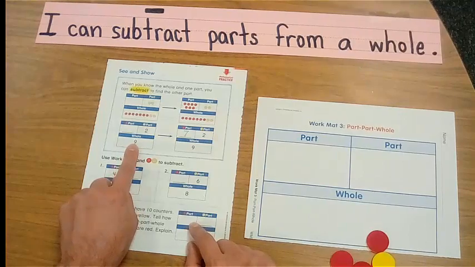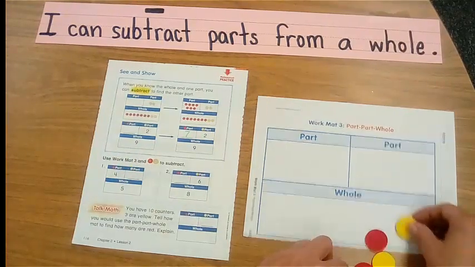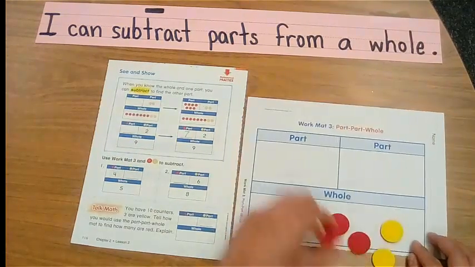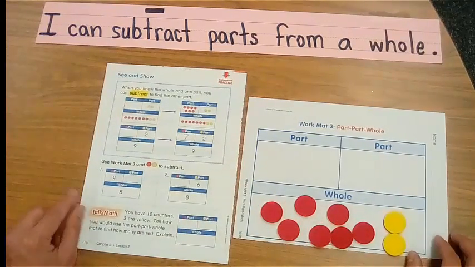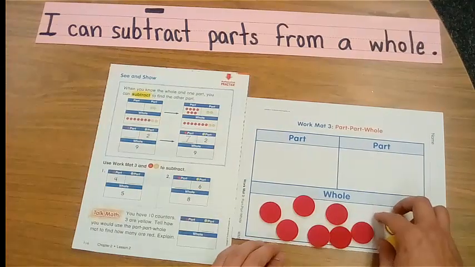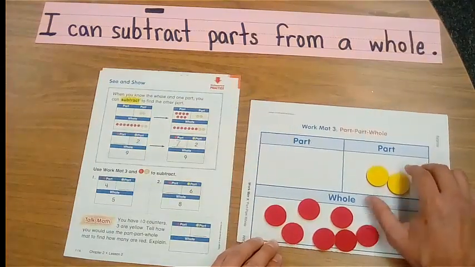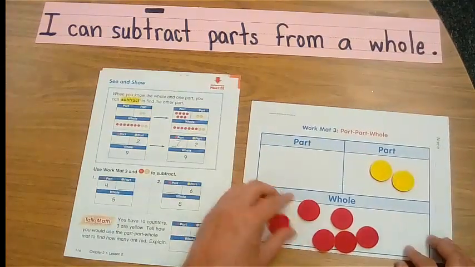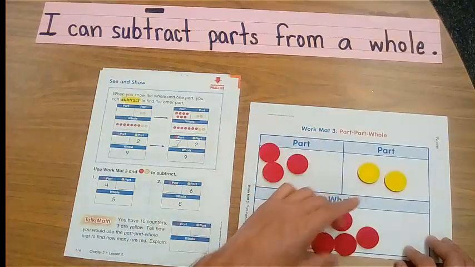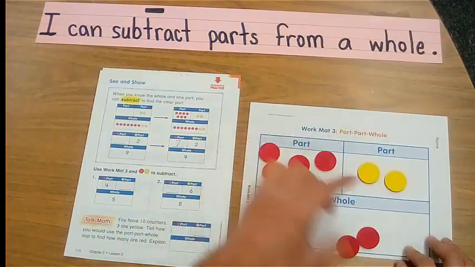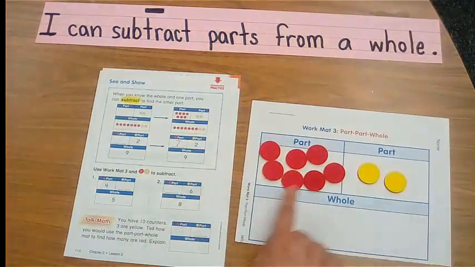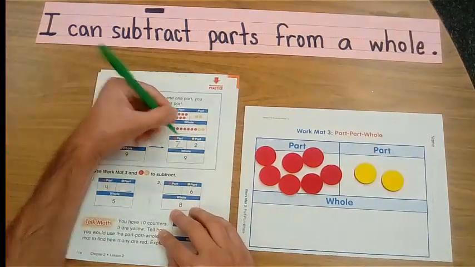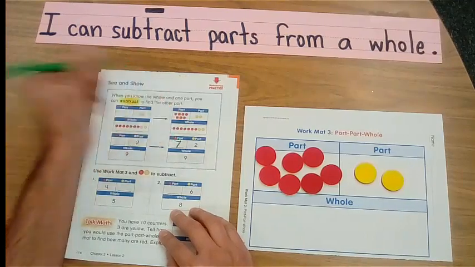And it says, if you have 9 of these counters, so I'm going to put 9 of them in the whole. And then I know that I have 2 yellow ones. So that means whatever I have left over must be the other part. So I have 7 left over. So we know that the missing part is 7.